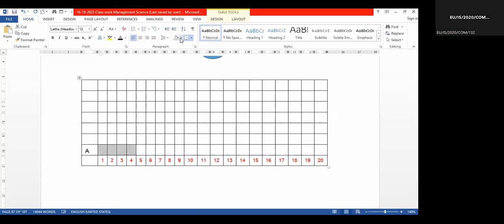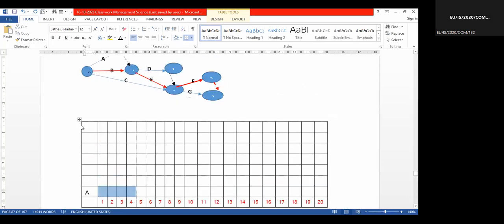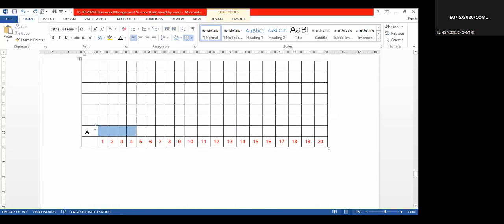So I am shading these 4 days. This is activity A. Activity B, how many days? 7 days. I use a different color for these 7 days. Activity C, how many days? 6 days.